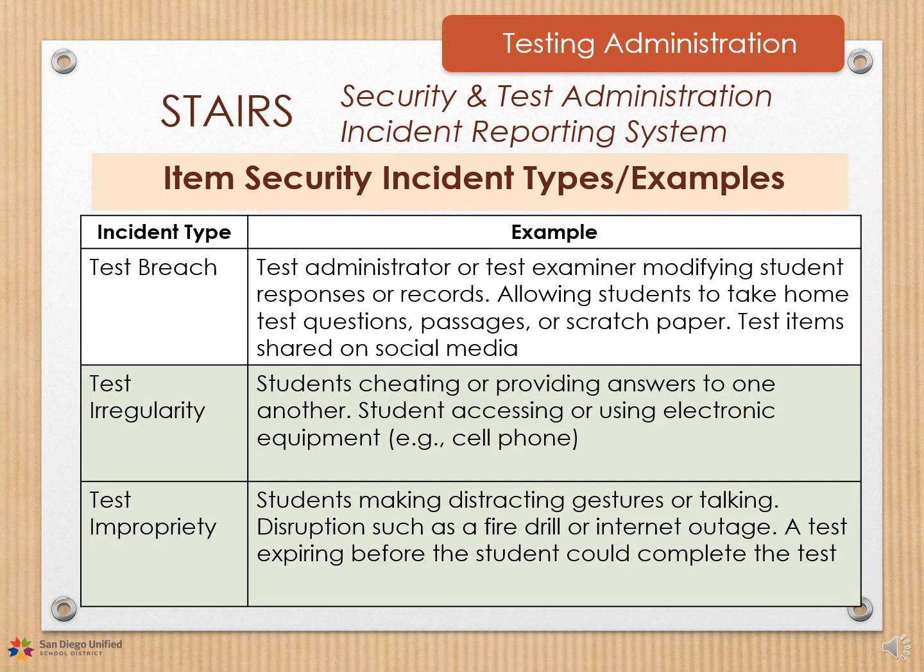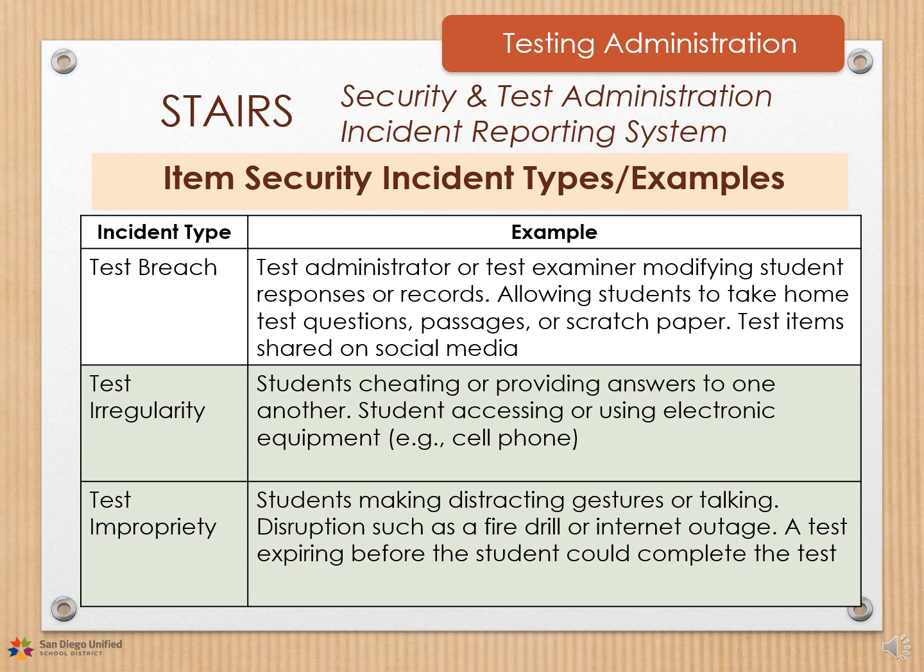Here are some STARS case examples. For test breach: test administrators or test examiners modifying student responses or records, allowing students to take home test questions, passages, or scratch paper, or test items shared on social media.